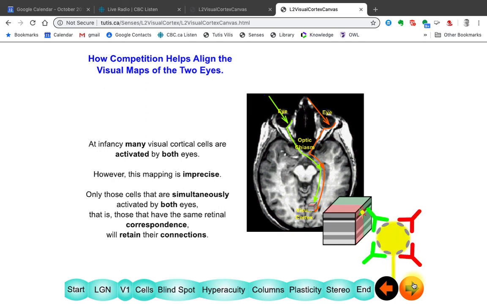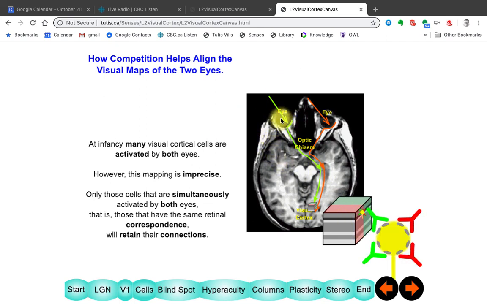Now that's important for a variety of reasons, but one of which is to ensure that whatever wiring happens is very accurate. Because, for example, when this blue line appears in your periphery, it activates this group of simple cells, but from both eyes.